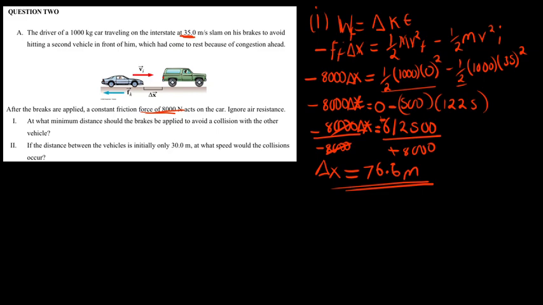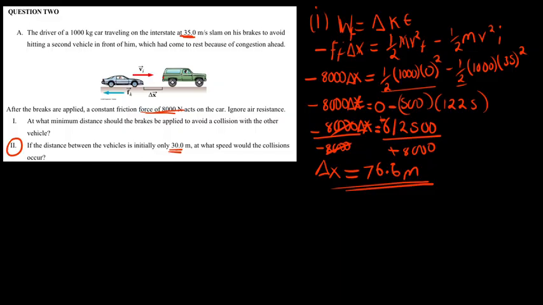Simple and straightforward. Okay, now after we have done that, let's go to part 2. If the distance between the vehicles is initially only 30.0 meters, at what speed would the collision occur? So in short, initially the speed was 35 and they're asking at what speed the collision would occur.